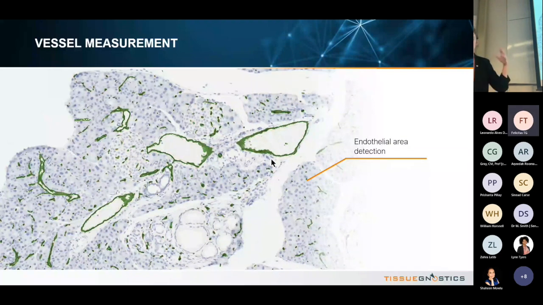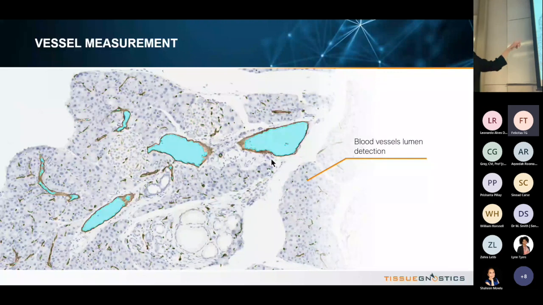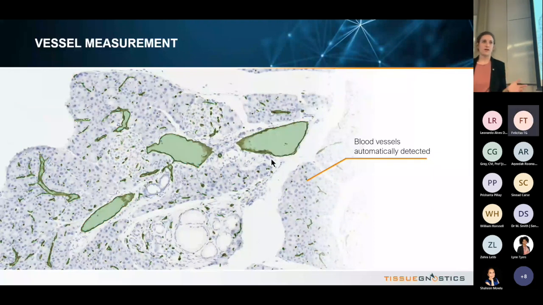So what you can do first, very easily, based on the brown channel, you can detect the endothelial cells. You can see now they are highlighted in green in this image. Then we detected next the blood vessel lumen. And in the end, basically, when you combine these two, it gives you the whole blood vessel.